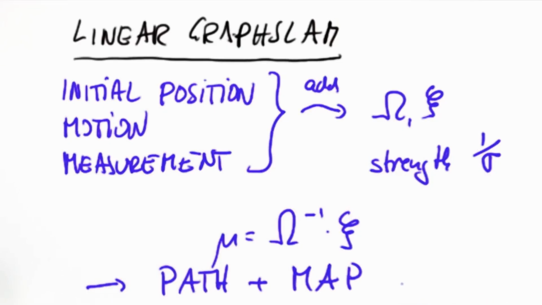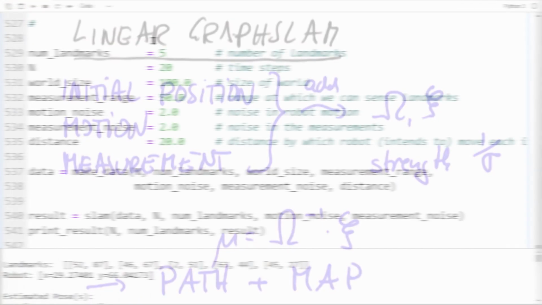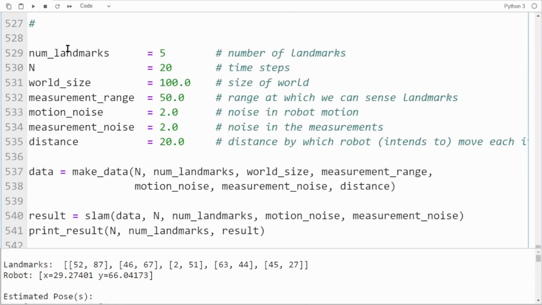So let's dive in and have you program your own real robot example. This is a fairly complicated generalization of what we just saw. I'm giving you an environment where you can specify the number of landmarks that exist, the number of time steps you want the robot to run, the world size, the measurement range, that is the range at which a robot might be able to see a landmark. If it's further away than this, it just won't see it.